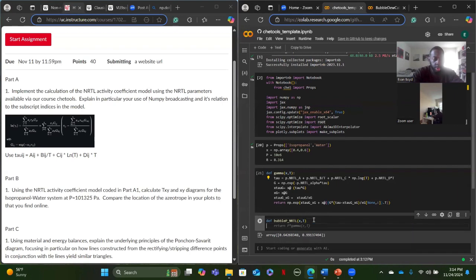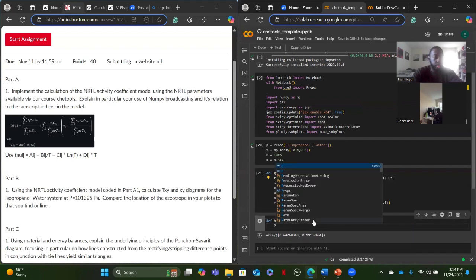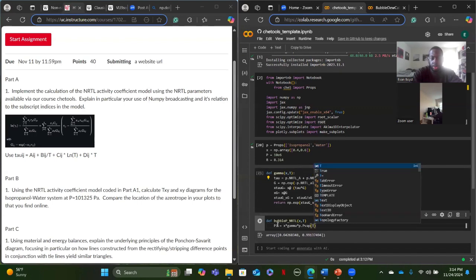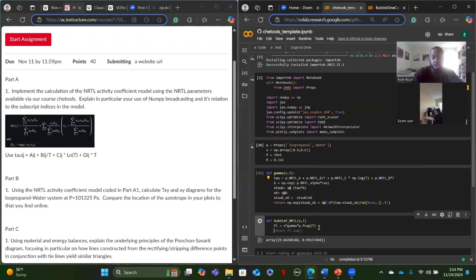Now from our bubble point, we need our partial pressures, which equal our mole fractions times our activity coefficients, our gamma, times our vapor pressures. So that's P dot PVAP with respect to our temperatures in our function. And then we'll also find our total pressure.